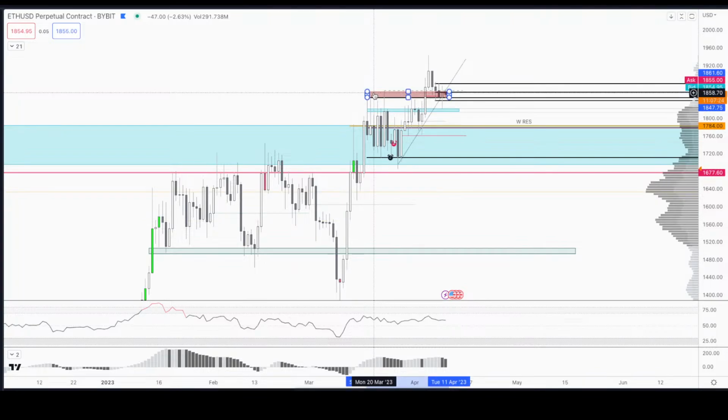Let me just see, that's what I don't like. What I said about BTC happened here. For example, this looks like a deviation for now because it's almost inside this red zone again. That's not the kind of breakout that I like.